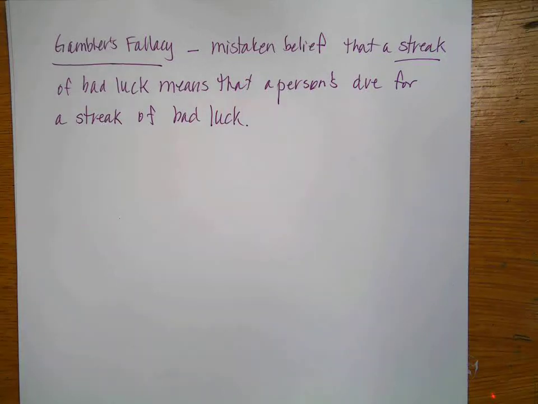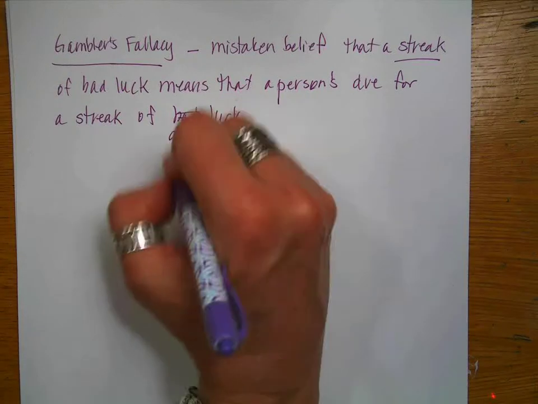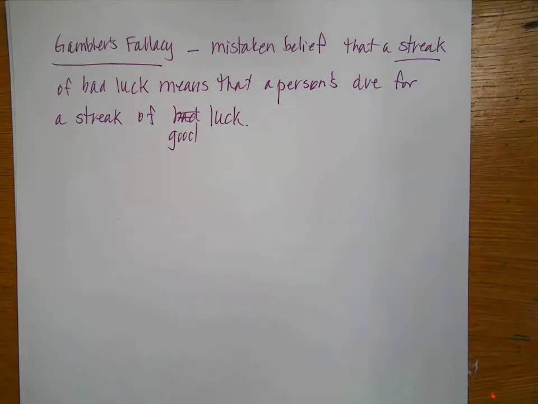And so we're going to look at it statistically, but a gambler's fallacy is if I've had a whole bunch of bad luck, then it's going to turn around and I'm going to have a streak of good luck.